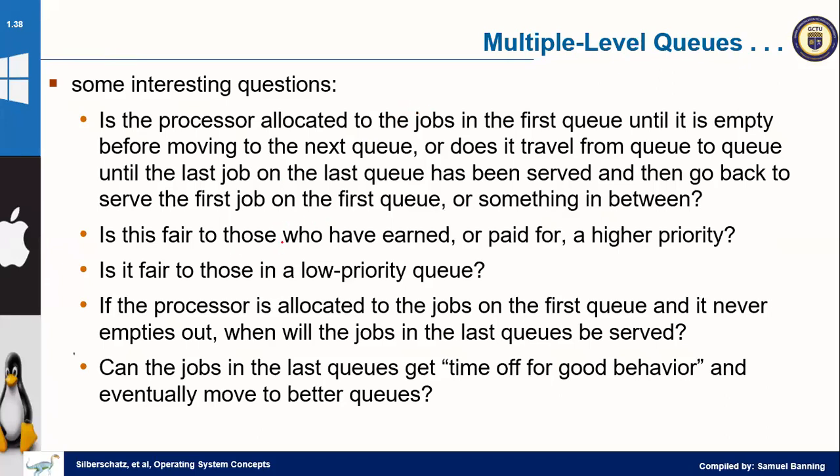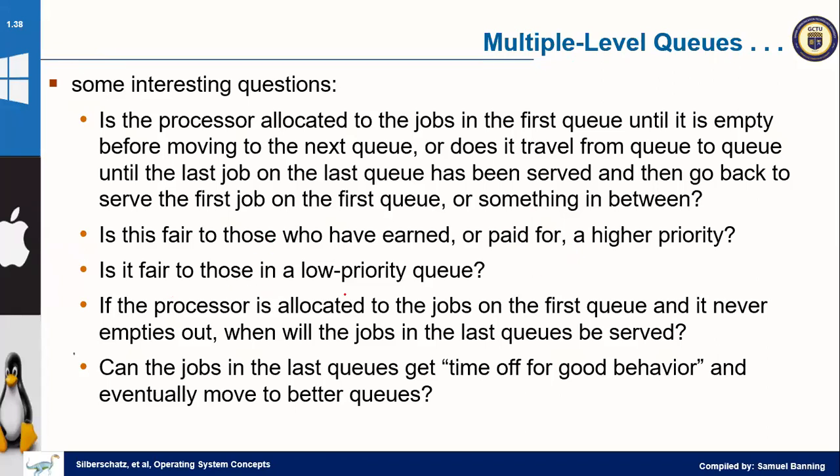Is it fair to those that have earned or paid for higher priority? There are some processes that have paid, like when I went into my task manager to manually upgrade the priority of a process. If I do that and the operating system is using this multi-level queue, then there is no point in me doing it.